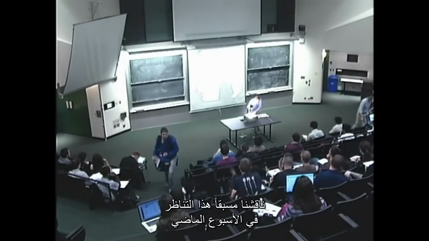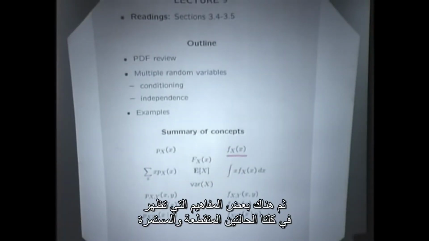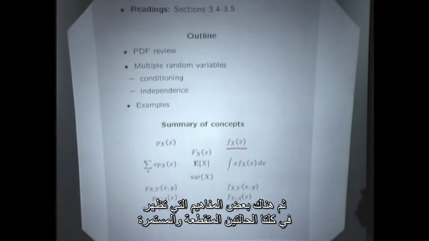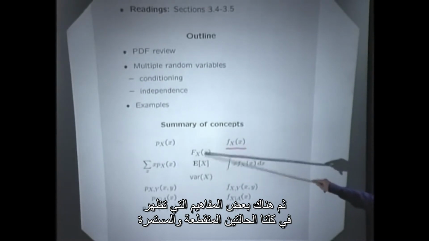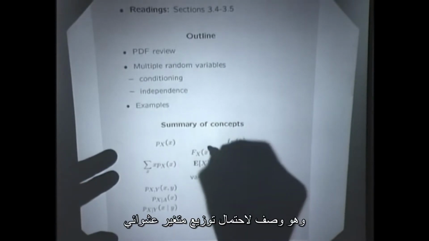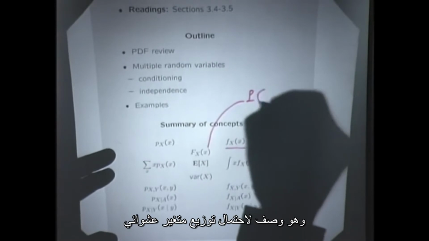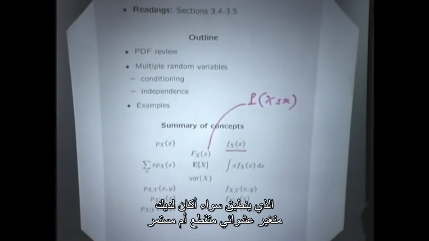We already discussed this analog last week, the density of a single random variable. Then there are certain concepts that show up both in the discrete and the continuous case. So we have the cumulative distribution function, which is a description of the probability distribution of a random variable, and which applies whether you have a discrete or continuous random variable.